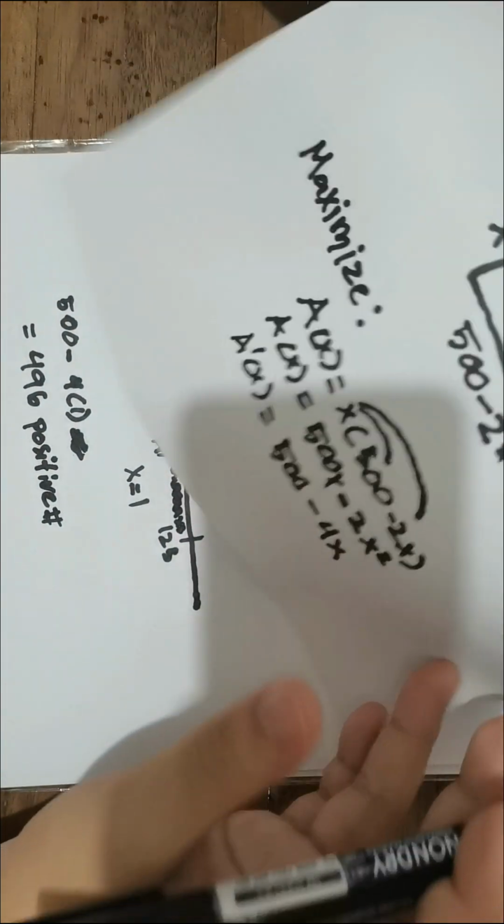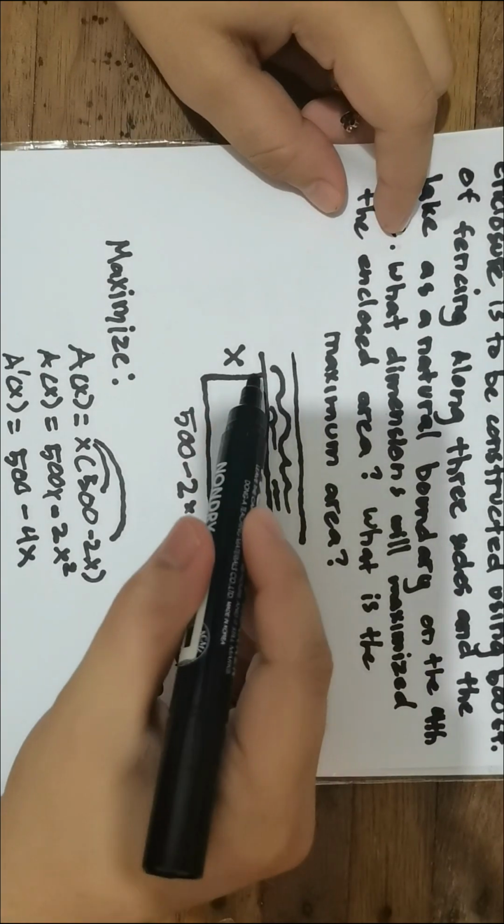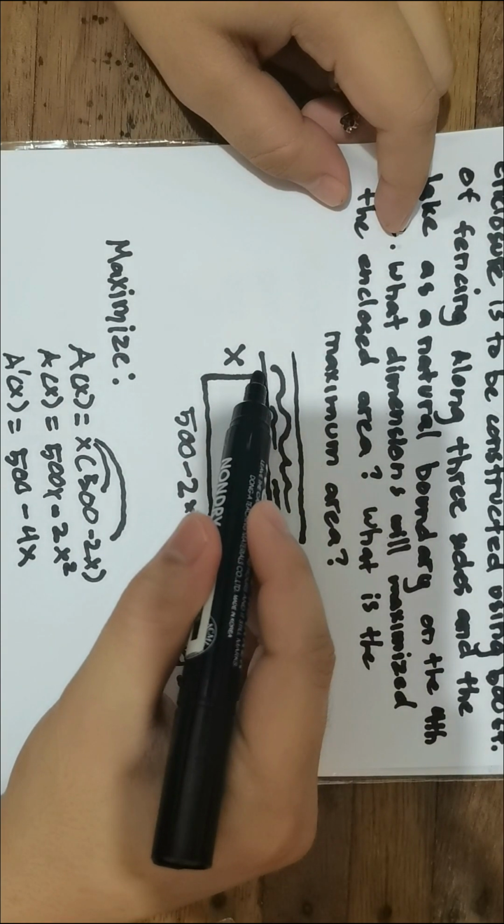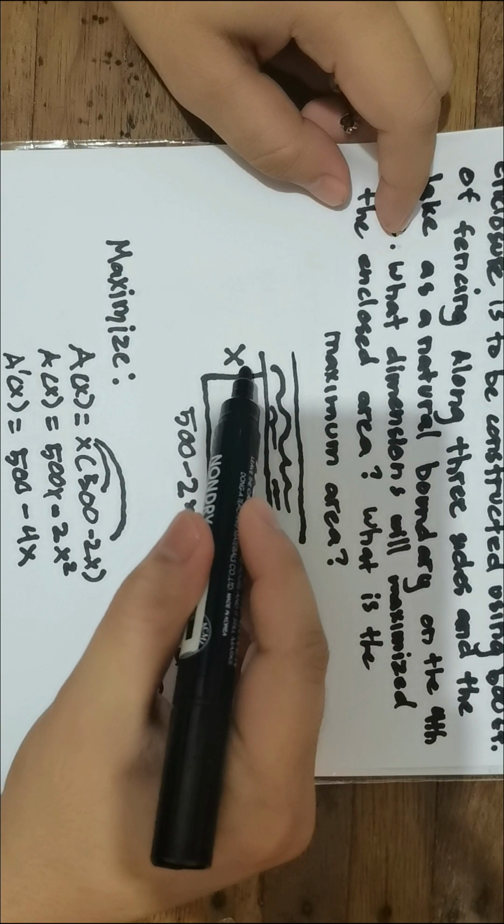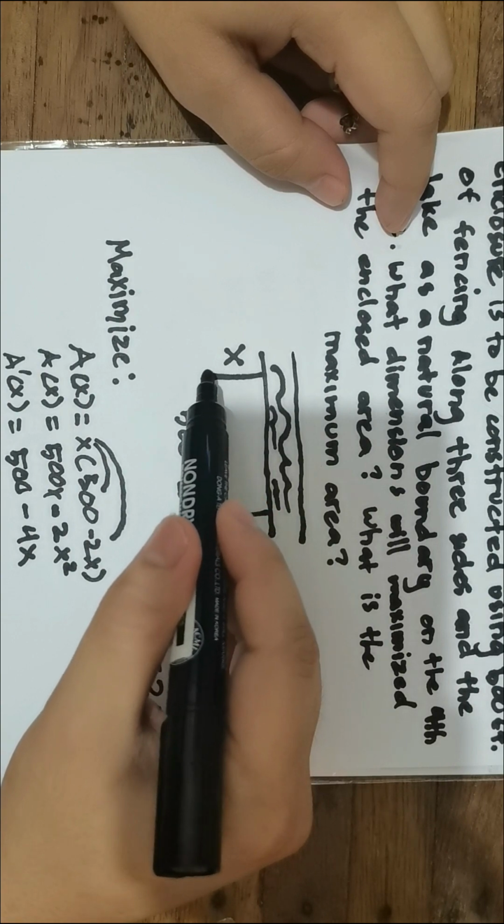It just tells us that from 0 to 125, it gets bigger and bigger until 125.